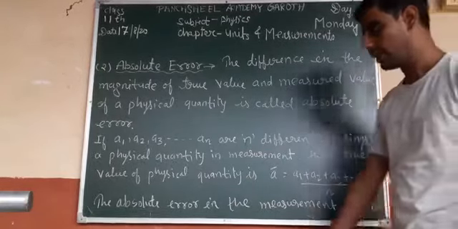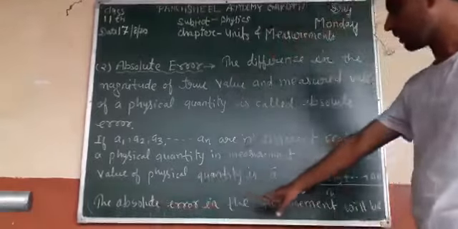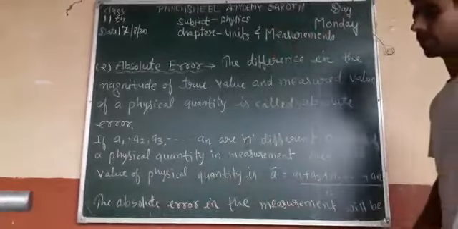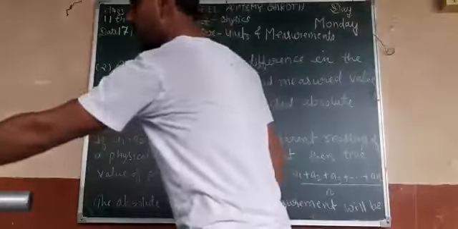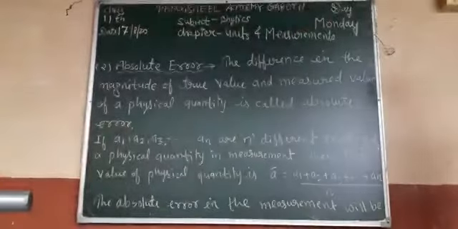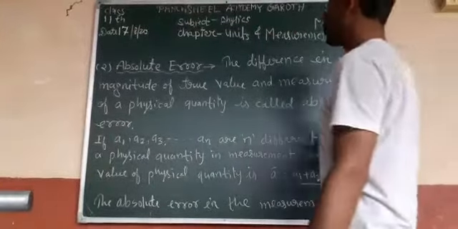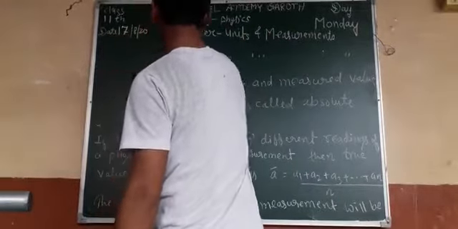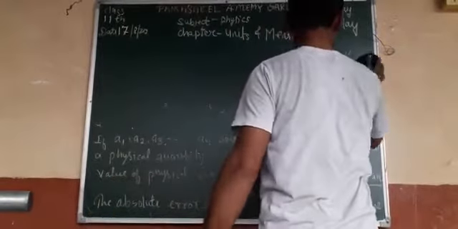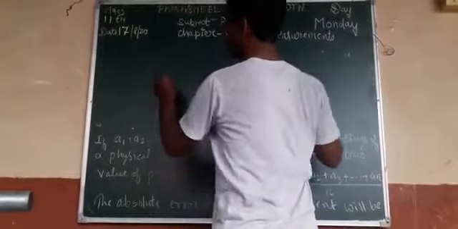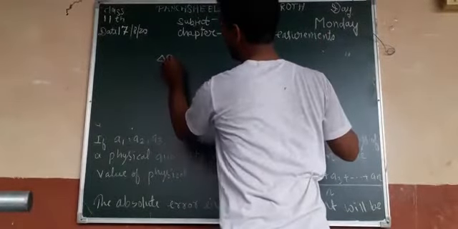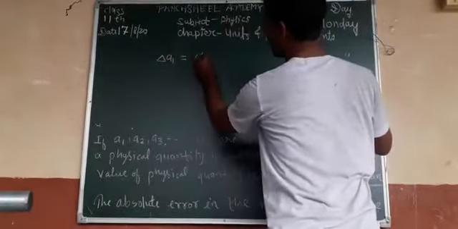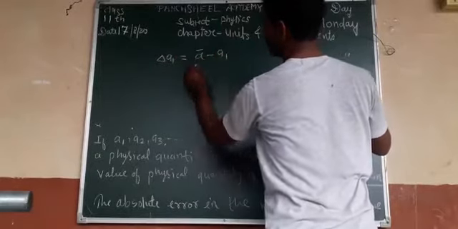Then what will be the absolute error in the measurement? The absolute error is the difference between true value and measured value. So I write here: delta A1 equals A mean minus A1.